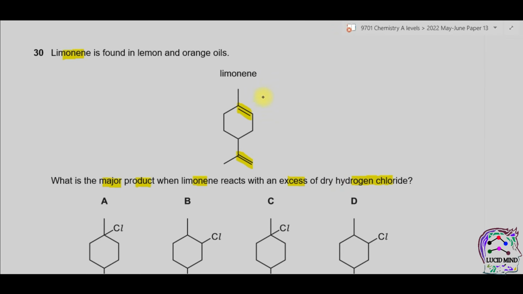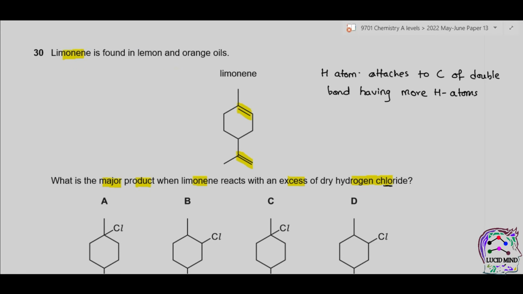Now for this one, you should remember that whenever a halogenoalkane is formed from an alkene, the hydrogen atom attaches to the carbon atom of the double bond having more hydrogen atoms. And the other part, chlorine, will be attached to the other carbon which has fewer hydrogen atoms.